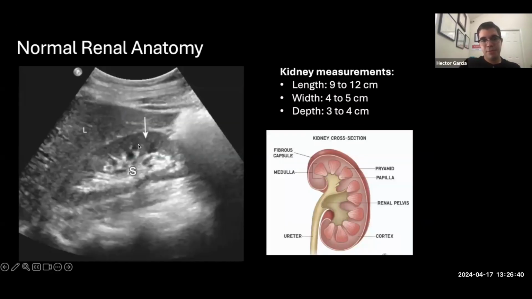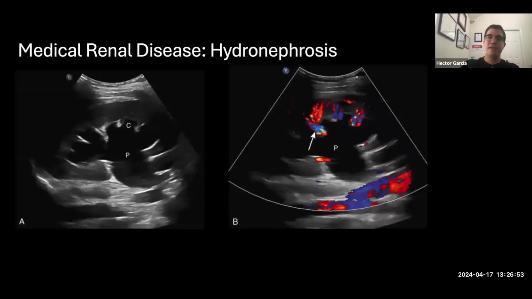So the kidney, the renal parenchyma, as I said before, has the same echogenicity as the liver, and the renal sinus is wider and brighter because it is surrounded by fat. And these are the dimensions of the kidney. Now, one of the pathologies with the kidney is hydronephrosis. Let's assume there is a stone lodged in the ureter.